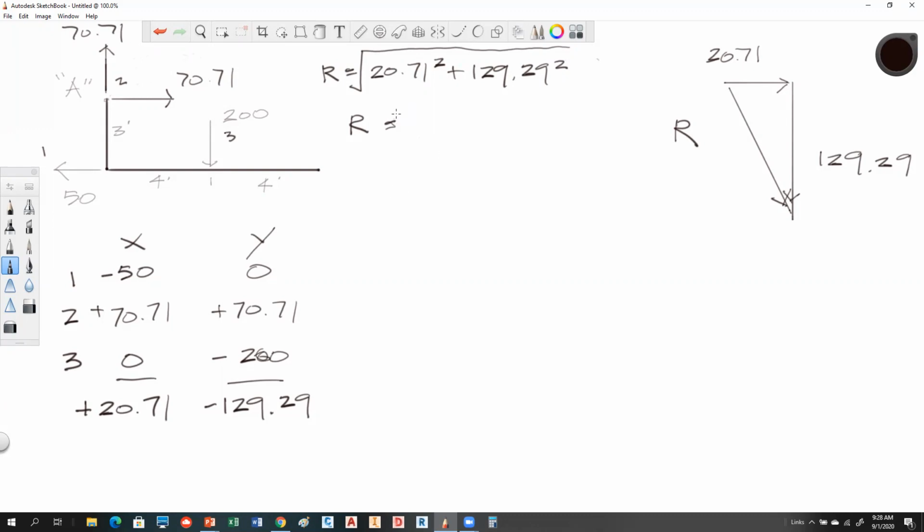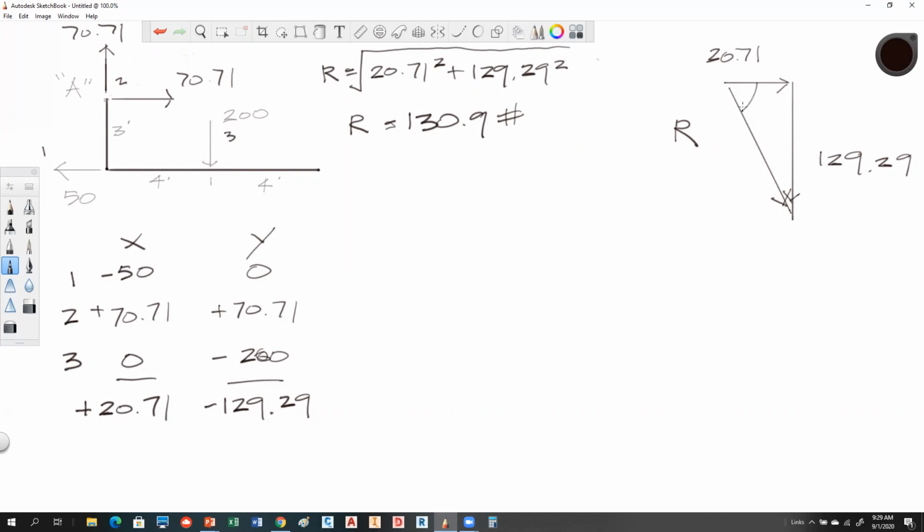I get a resultant value. You guys can check there. Let me know. I get 130.9 essentially, and if the base unit was pounds, this is pounds, okay? So those vectors, vector 1, vector 2, vector 3, can be replaced with one unique vector that is 130.9 pounds.